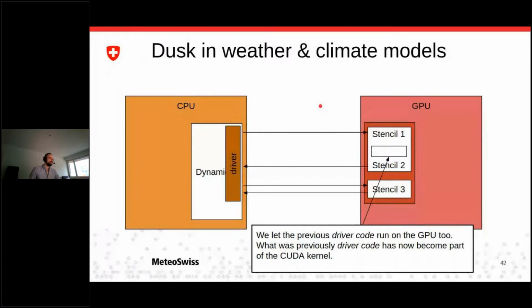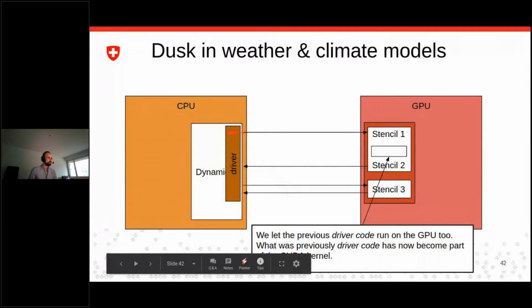Nevertheless, I think this distinction between driver code and stencil code is still very reasonable because it allows us to think about what the stencils are, and then what is Dusk, because Dusk focuses on the stencils. It's more of an intuitive concept, but I think it's still reasonable for this illustration, even though the line is a bit blurry.